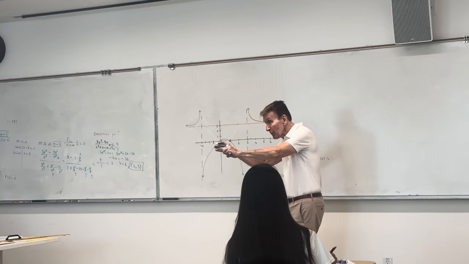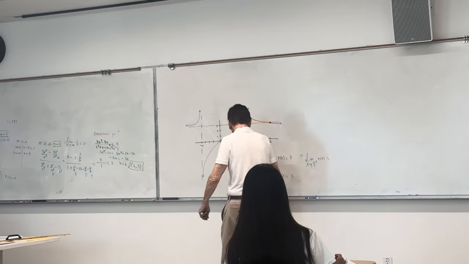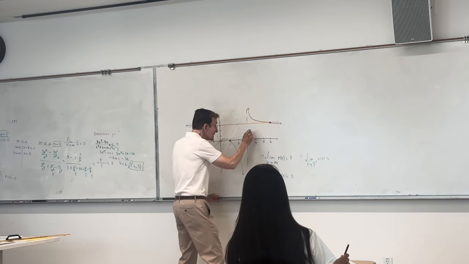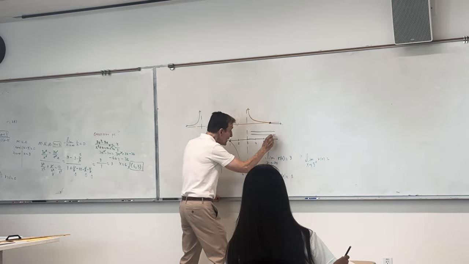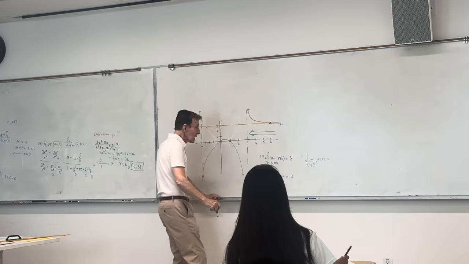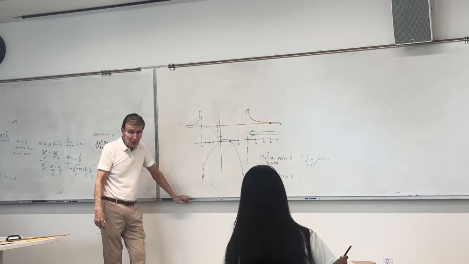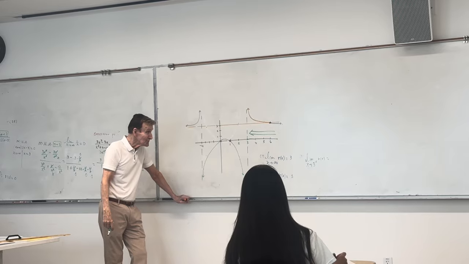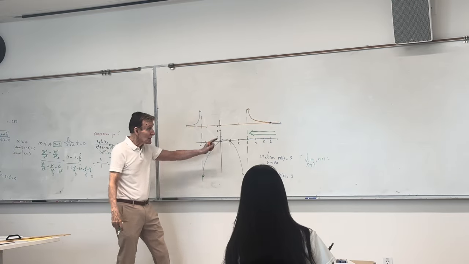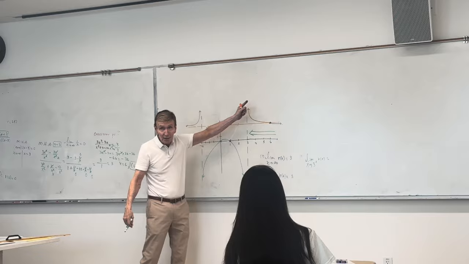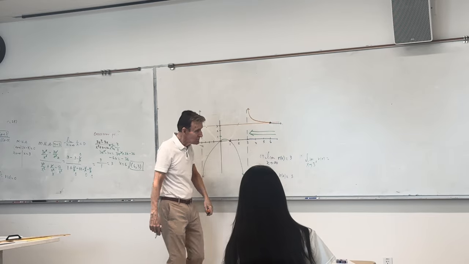Please come in from the right, stay on the right, and come in toward 3, something like this. Moving in that direction toward 3, what's my graph up there doing the closer you get to 3? Is it going up this way? Described as positive infinity.